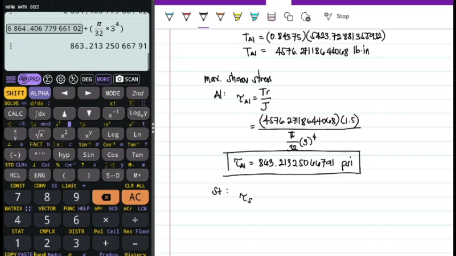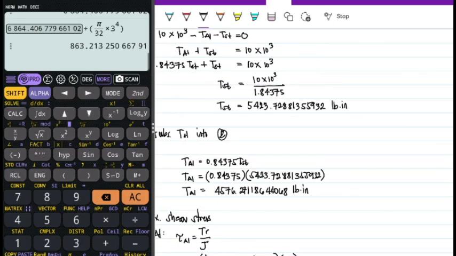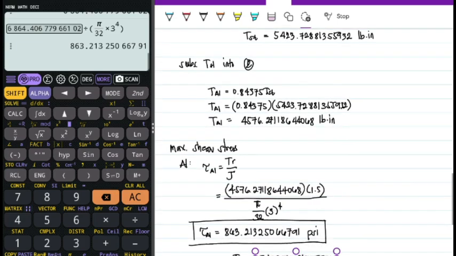Now you might be wondering, how is it that for TR over J, the final unit is in pounds per square inch? Take note that torque is in pound-inch and R is in inches, so it becomes pound inches squared. Now your J is raised to the fourth, so the unit for J is inches to the fourth power.